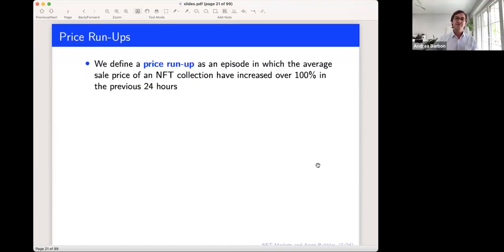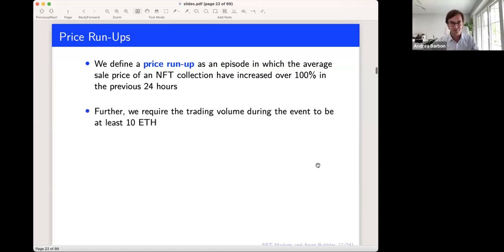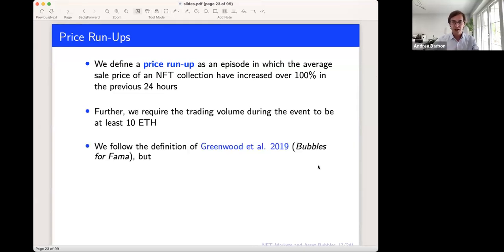Let's define a price run-up in a more precise way. It's an event where the average sale price of an NFT collection increased by 100% or more over the previous 24 hours. So it's a doubling of the price within 24 hours. We also required a minimum amount of trading volume, just to exclude very small collections.